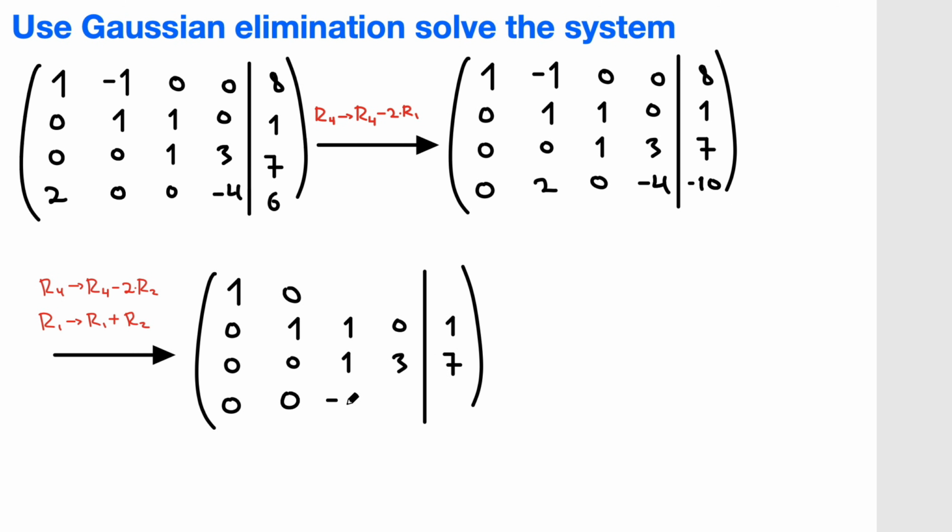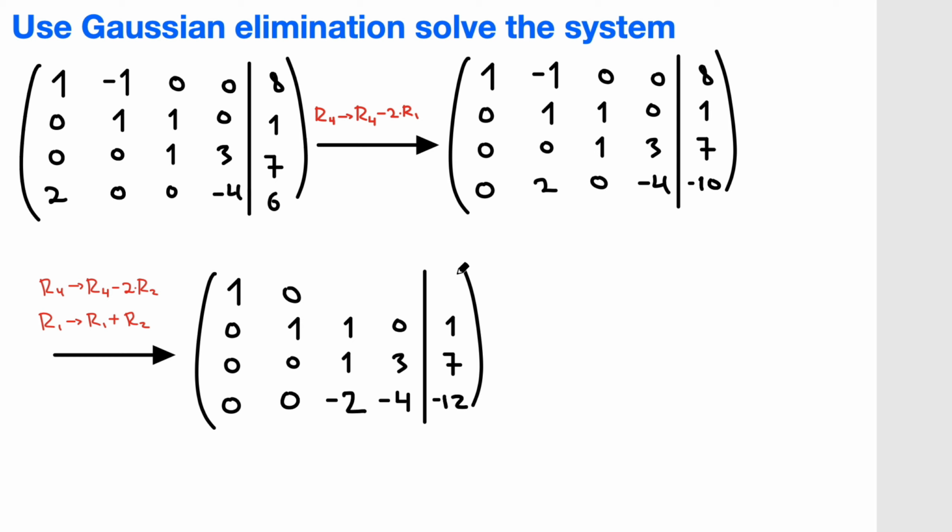So that's negative 2. It's good to check ourselves. And over here we'll get negative 4 minus 2 times R2, 0. So just negative 4. And over here we're going to get R4, so that's negative 10, minus 2 times R2. What is R2? 1. So that's negative 12. Okay, and this is a little bit tedious, but I'm showing the work.